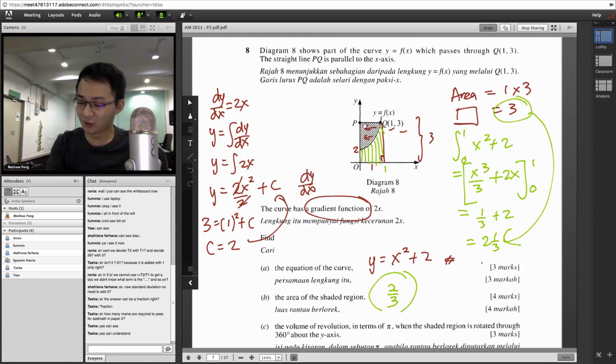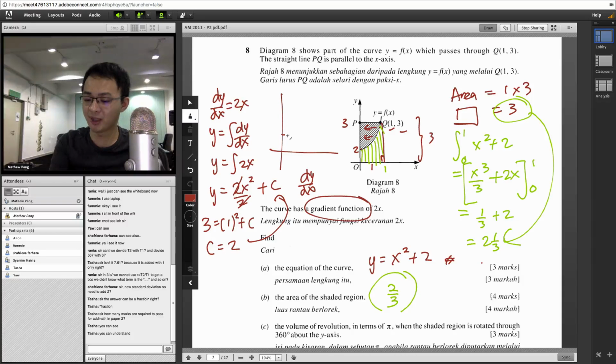Okay, so the value of p here is 3. If you want to integrate toward the y-axis, you always need to make x the subject of your equation. So I move minus 2 to the other side. This is x squared, right?